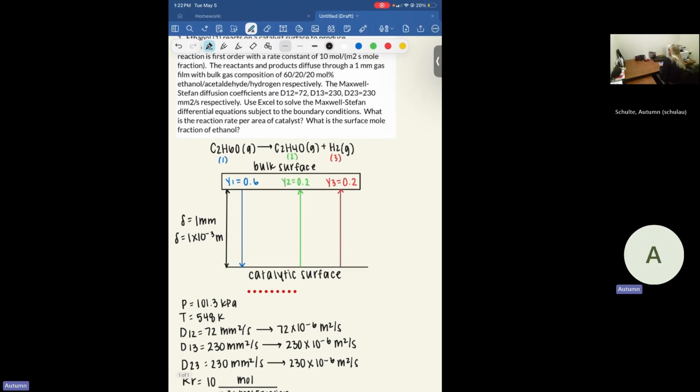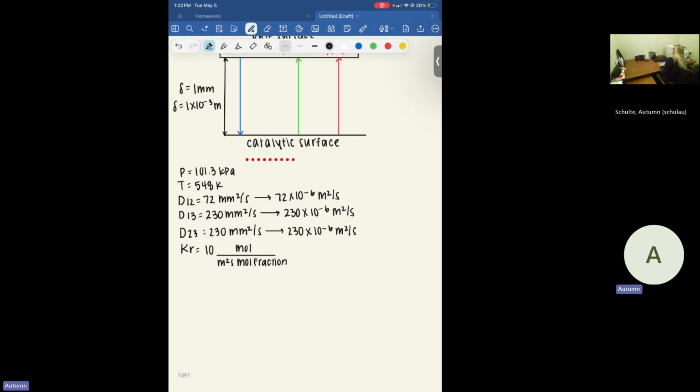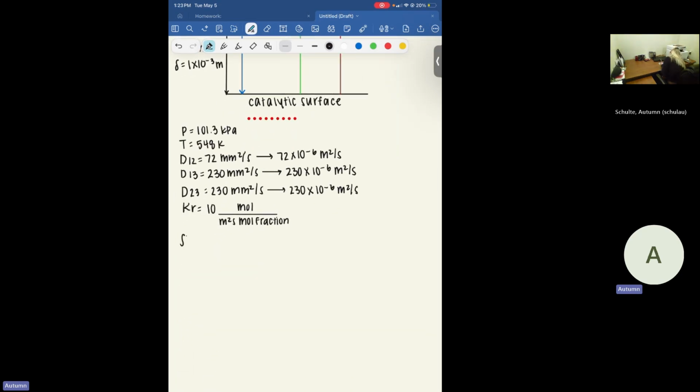And like I said, we can use our Stefan Maxwell equation to solve for this because we want to find our boundary conditions and the surface mole fraction of ethanol and the reaction rate per area. So we're going to have to use our Stefan Maxwell equation.